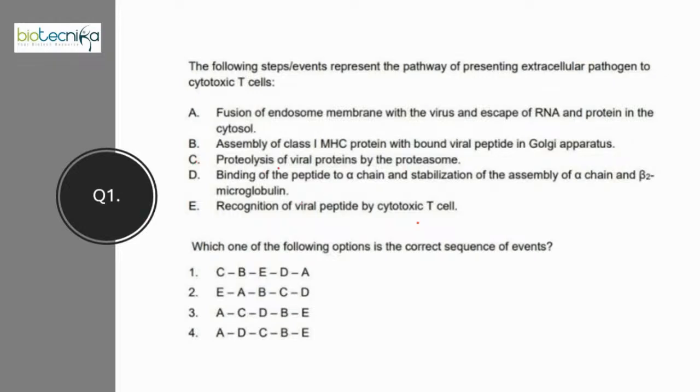Statement C, proteolysis of viral proteins by the proteasome. Statement D, binding of the peptide to alpha chain and stabilization of the assembly of alpha chain and B2 microglobulin. And statement E, recognition of viral peptide by cytotoxic T cell. Which one of the following options is the correct sequence of events? So you have to say which is the correct sequence.